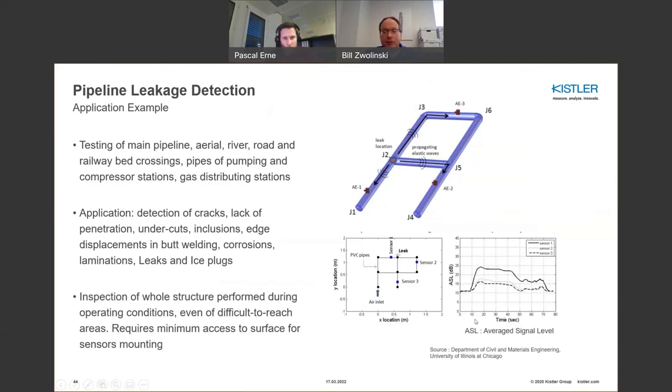So what you see here is the acoustic emission average signal level, where sensor 1 had a higher signal strength, and sensor 1 is right here, really closest to the leakage event, whereas sensor 3 was furthest away, and sensor 2 is probably about the same distance away. So you could see that the closest sensor had the highest signal strength, giving you an indication that leakage can be measured reliably.